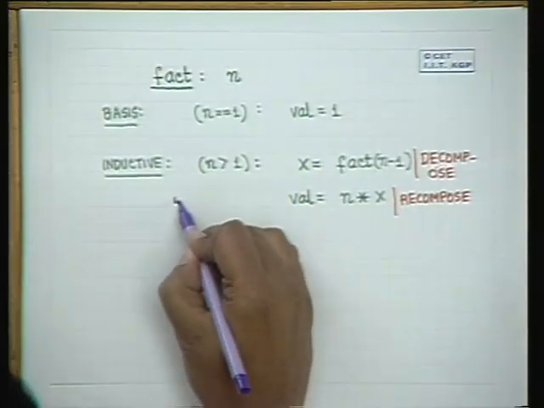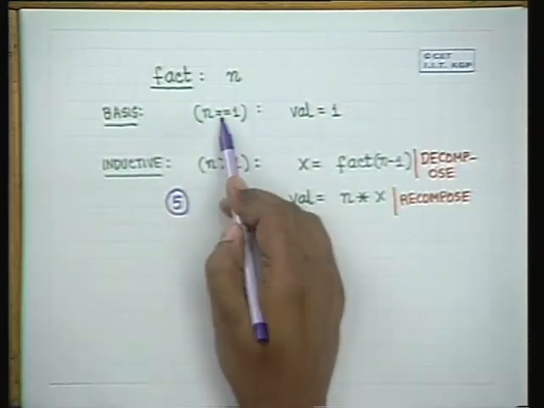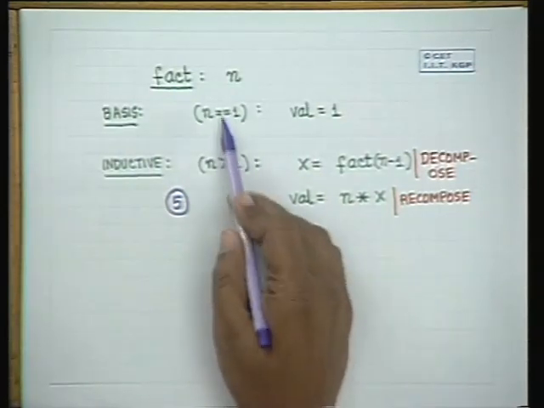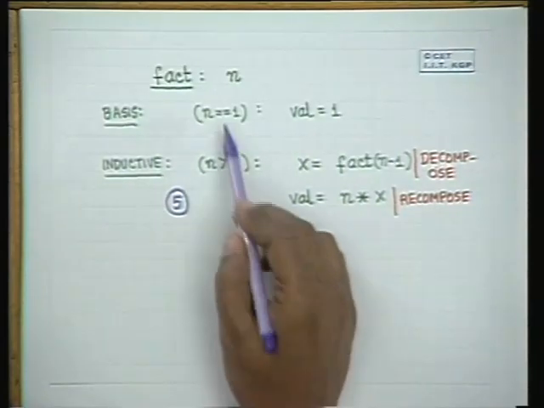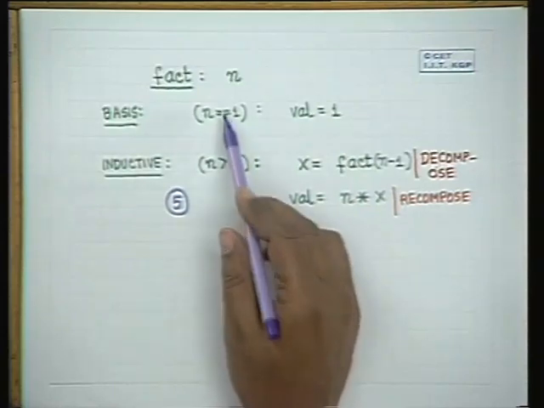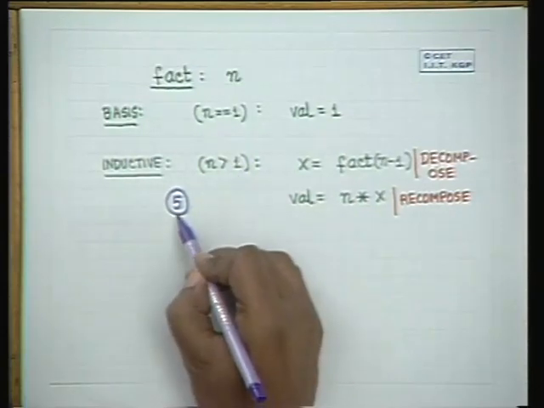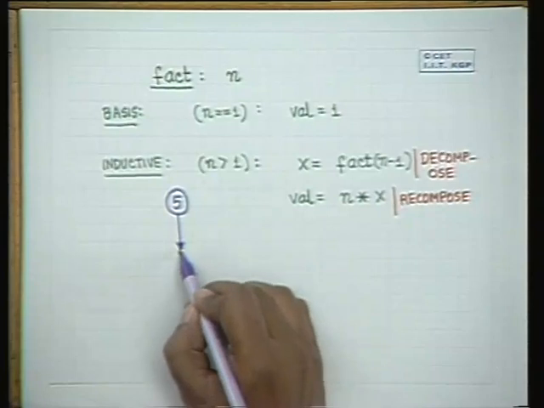So, given 5, the basis condition and the inductive condition are mutually exclusive. These conditions cannot overlap, so only one of the conditions will hold. Based on the condition which holds, you break it up. This is a diagrammatic representation of what we are going to do.